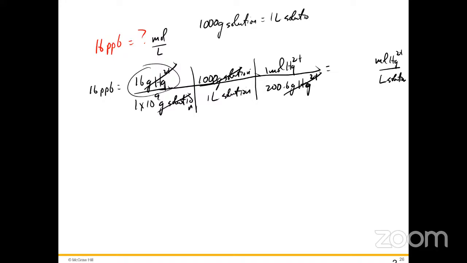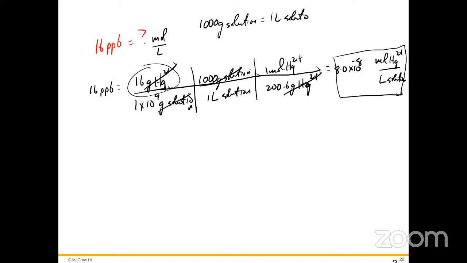Okay, so according to my calculation, this works out to be equal to, let's call it 8.0 times 10 to the minus 8 moles per liter. So that's basically how that is done.